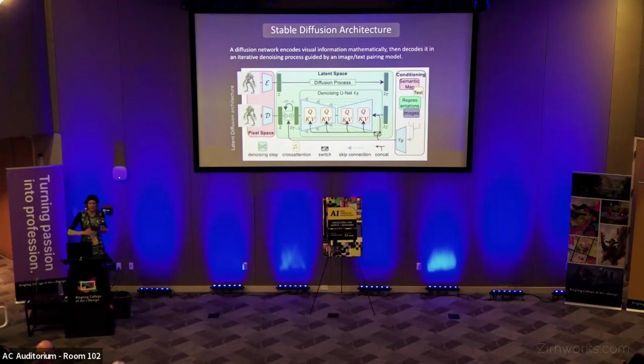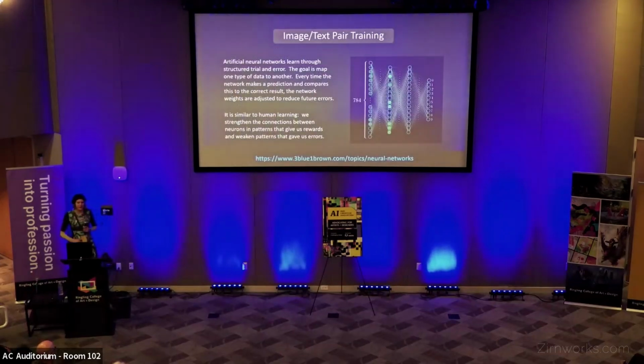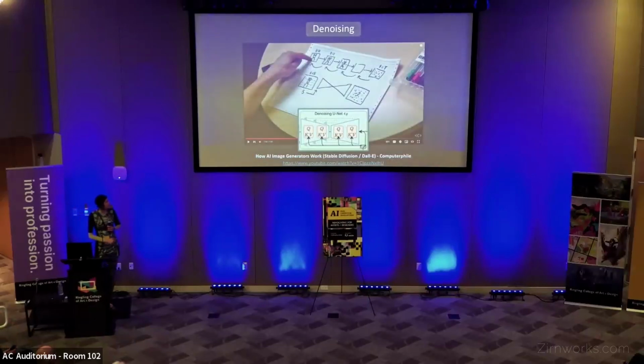Now, of course, there are multiple systems at play here. I do not have time to go into how those systems work, but this is a really great course. It's actually from like 2017, but still totally relevant to how image text pair training works. So sort of like CLIP. Also, if you're interested in denoising and how that works, there is a Computerphile video on YouTube that kind of explains that.